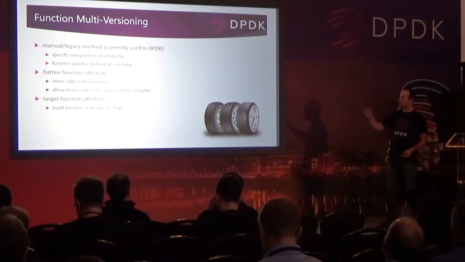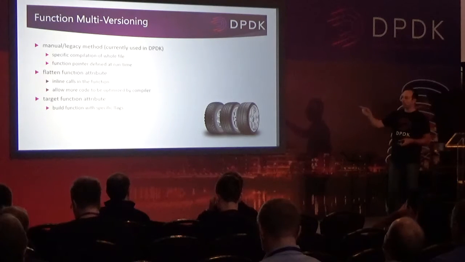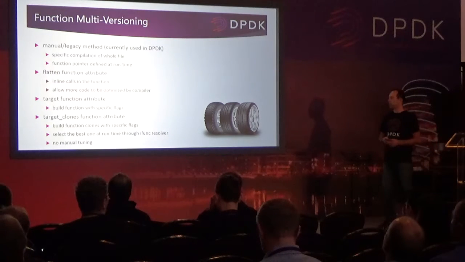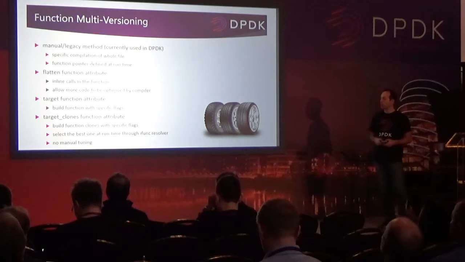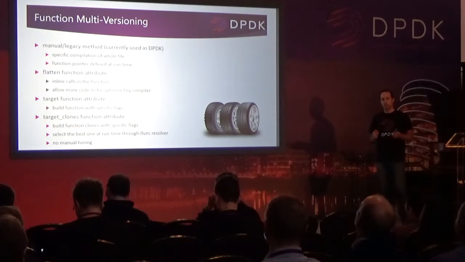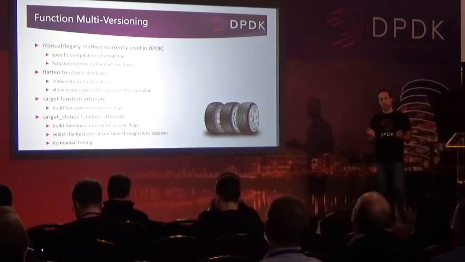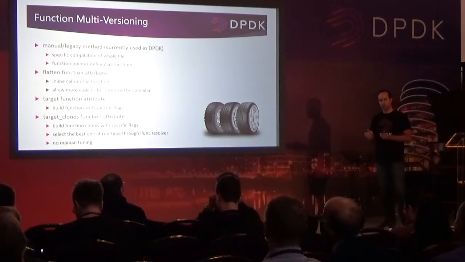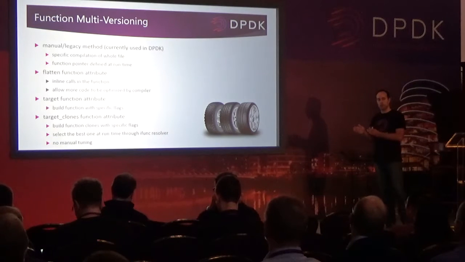But we can do it just for one function with this attribute. And even more interesting, there is another attribute which is target clones. This attribute tells GCC, please compile this function in several versions for each CPU capability.